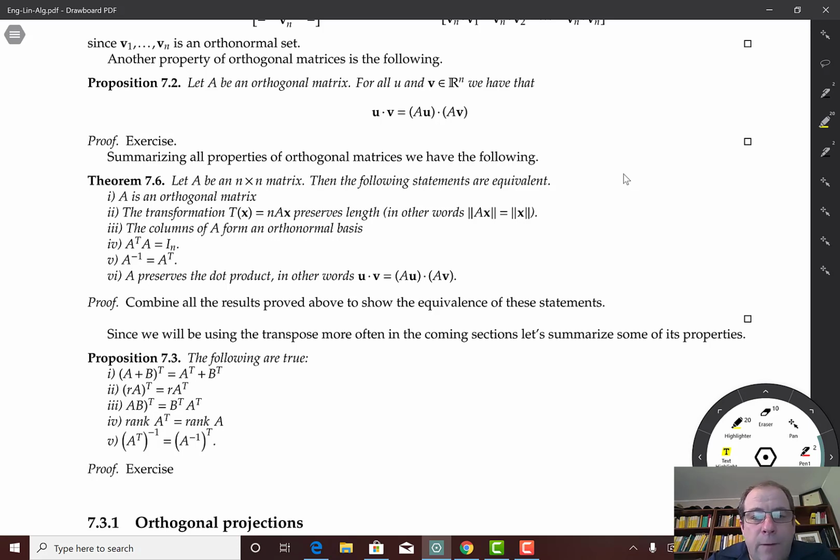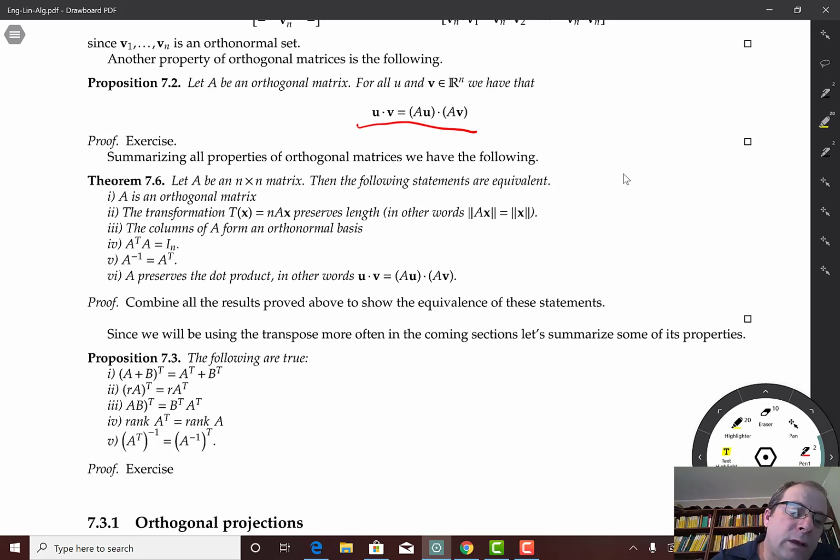It says that not only is the property of being orthogonal preserved, but the inner product of any two vectors is the same as the inner product of the corresponding images when we have an orthogonal transformation from Rn to Rn.